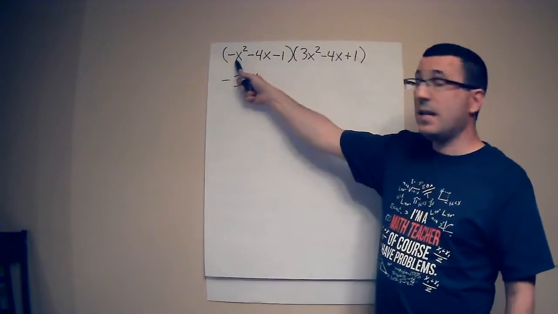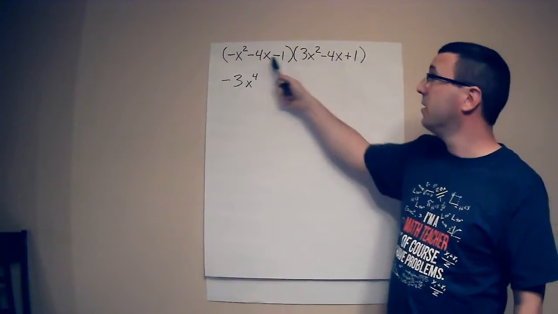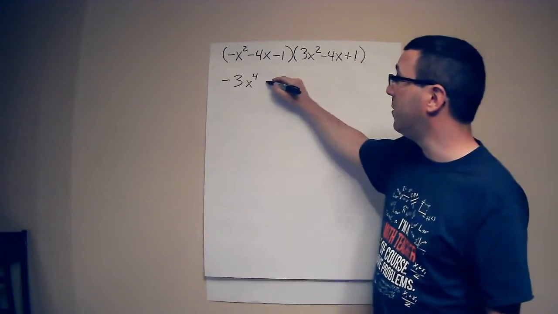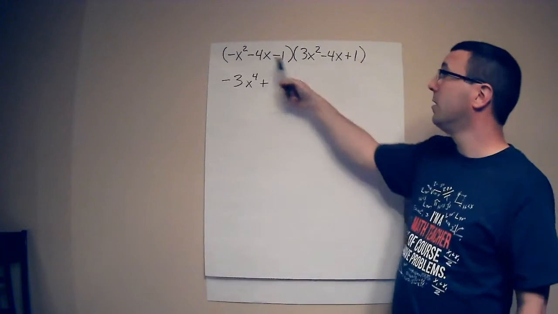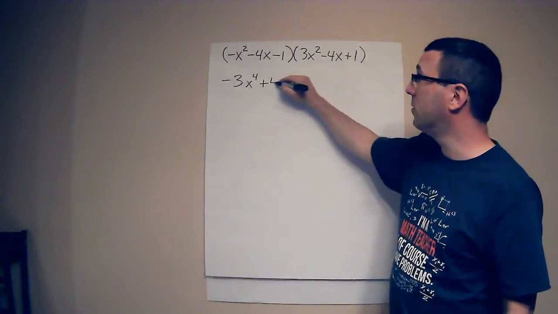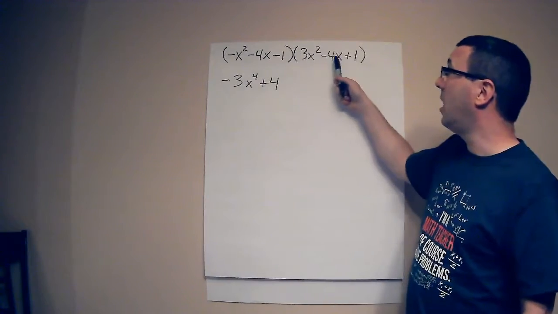Now I'm going to take that negative x squared and multiply it by this negative 4x. A negative times a negative is a positive, and 1 times 4 is a positive 4, x squared times x.